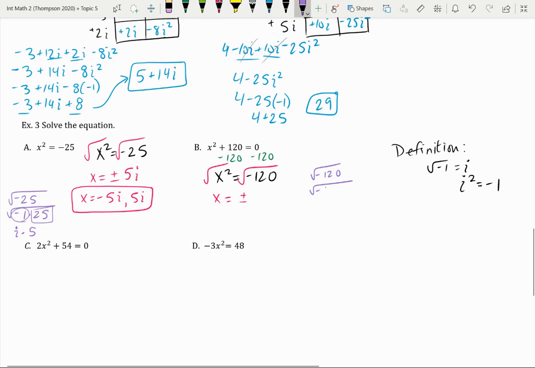I can rewrite that as the square root of negative 1 times 120. The square root of negative 1 is i. How do I take the square root of 120? Going to need to do a factor tree here. Well, let's go with 10 and 12.